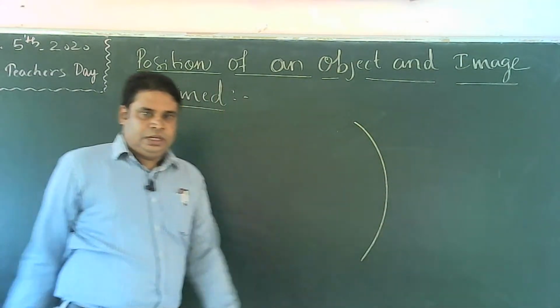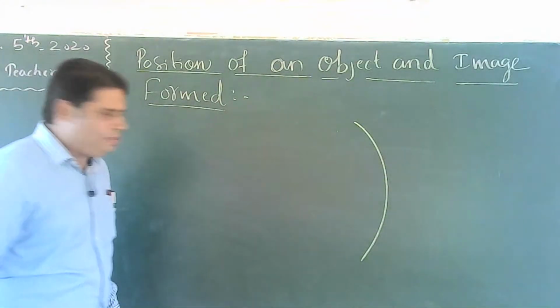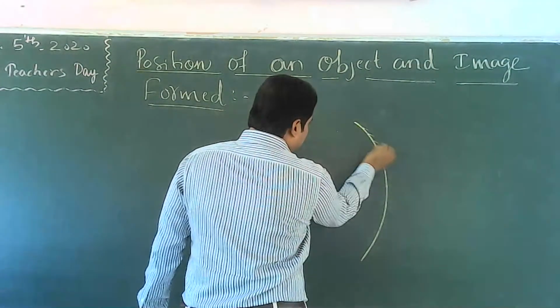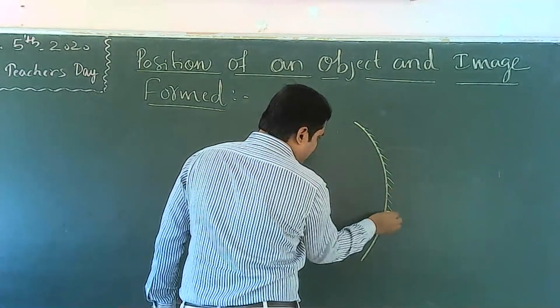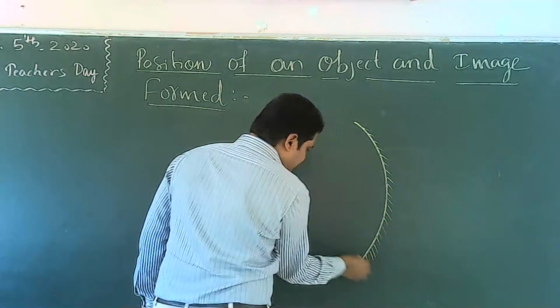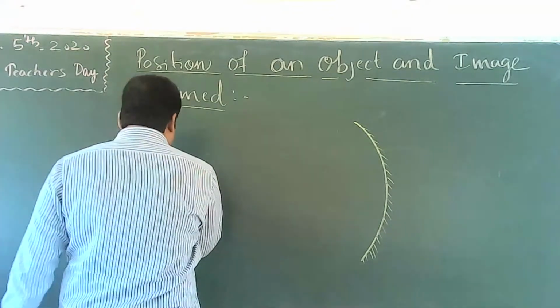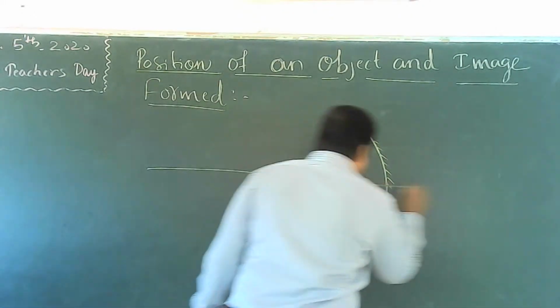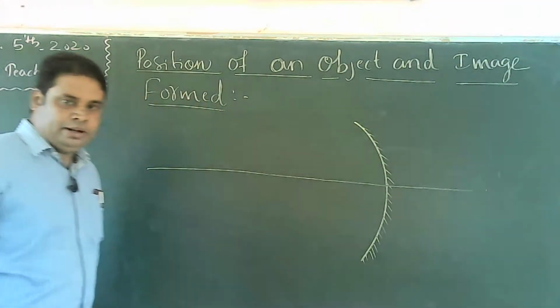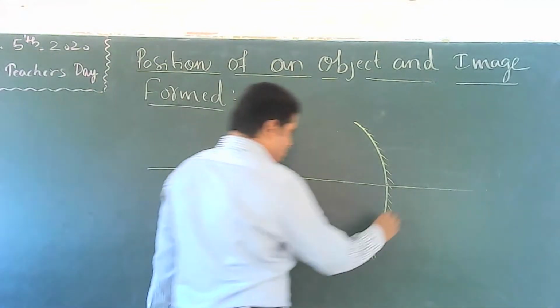Let us consider a concave mirror only, better. Then let's go to the convex mirror. Why are we not giving so much importance to the convex mirror? Let this be the principal axis, a very big one.